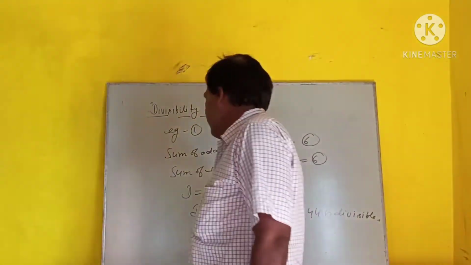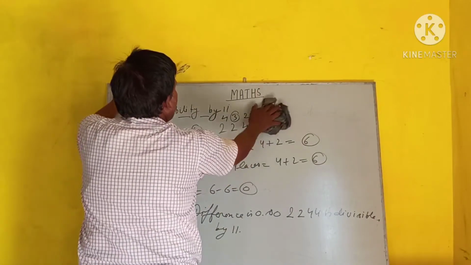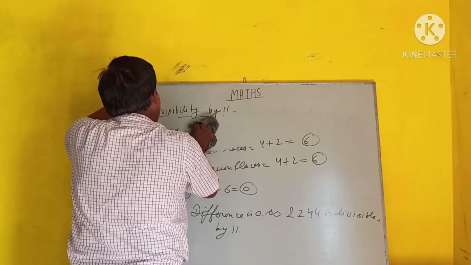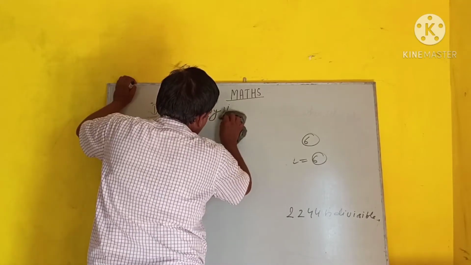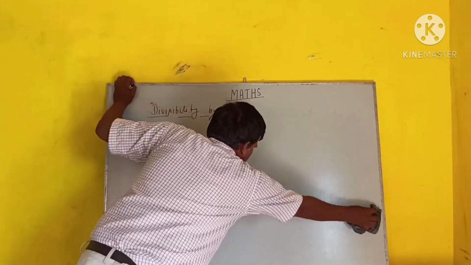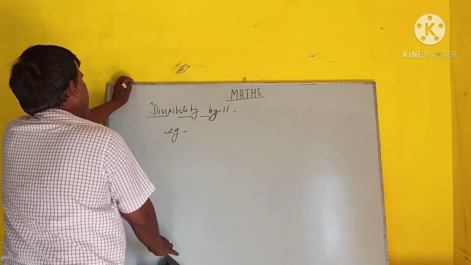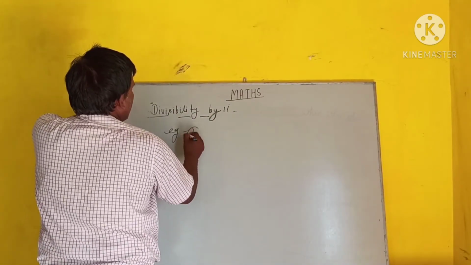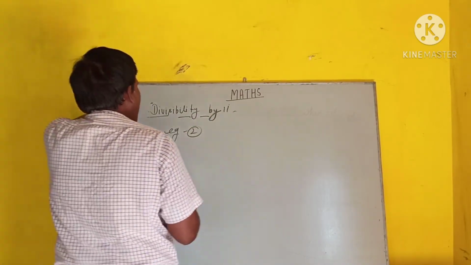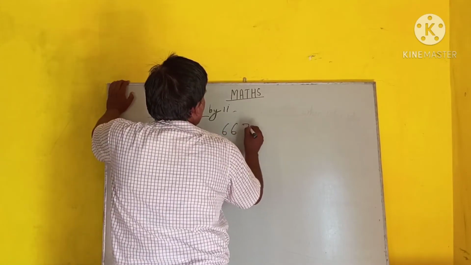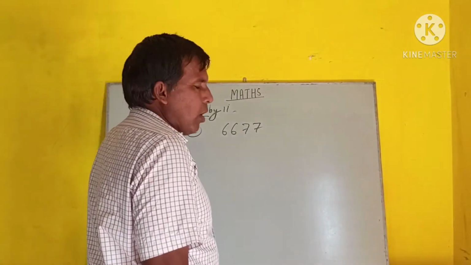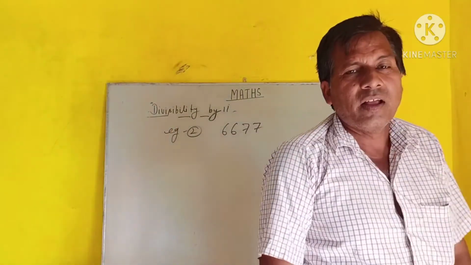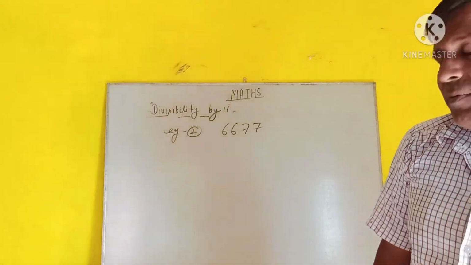I take a second example. Example 2: here is written 6677. How do you check divisibility by 11?